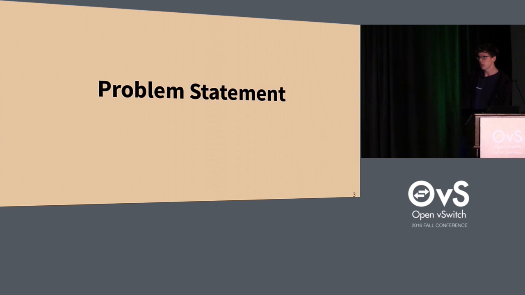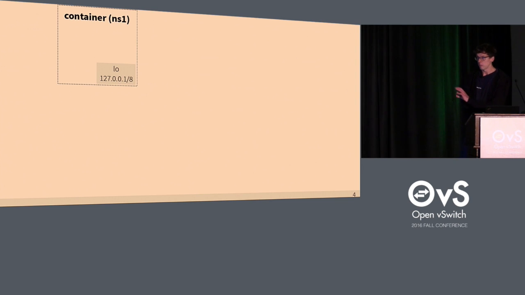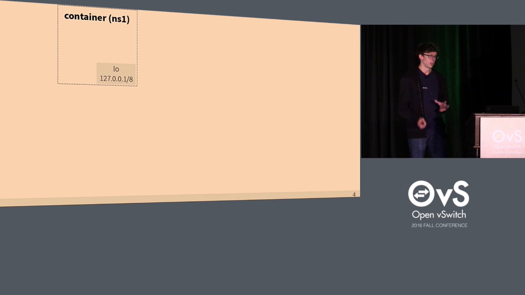So let's start with the problem statement and relevant background information for this talk. So first of all, containers. I believe that most of you are familiar with this concept, but just to recap, for this presentation, you can think of containers as an instance of Linux network namespace. And basically, those are used to isolate global resources which are associated with network.